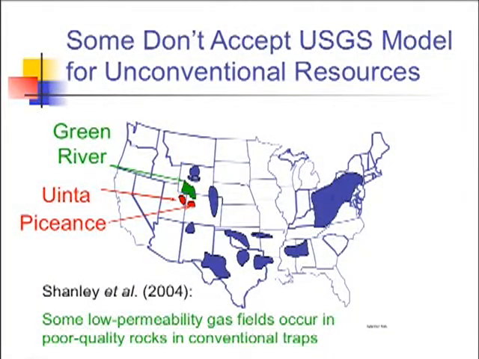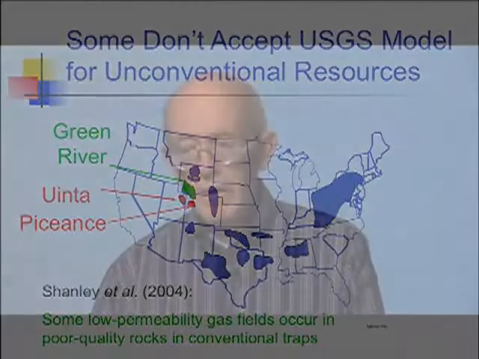In one published paper, Shanley and others, Shanley is a prominent geoscientist in the Rocky Mountain area, published a study of the Green River Basin, not too distant from the Uinta-Piceance basins in the Rocky Mountains, and they found evidence that there were a lot of lower permeability gas fields, what we would usually call unconventional gas resources, that occur in poor quality rocks but in quite conventional traps.